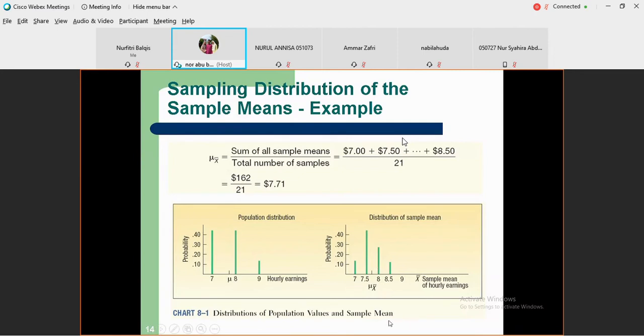Okay, jadi apa yang berlaku adalah hari tu kan awak setiap group ambil 20 sampel, 20 sampel, 20 sampel, let's say. Okay, now apa yang berlaku dekat sini adalah setiap kumpulan tu, katakanlah dia looking at the same thing. Okay, so in this case dia tengok mean gaji, okay, hourly earning.